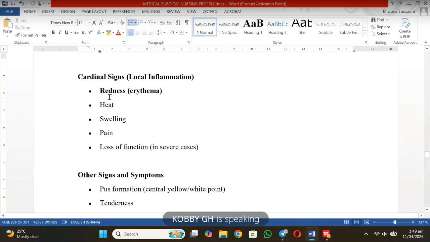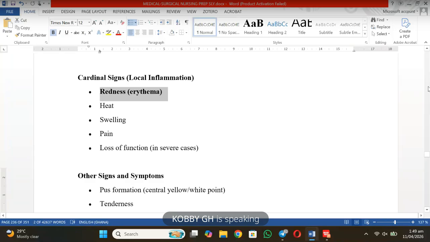With the cardinal signs, the commonest sign of a furuncle or a carbuncle is redness or erythema. This is the main sign, the major sign of a furuncle or a carbuncle. Pay attention to that. But apart from that, let's go back to the diagram again.